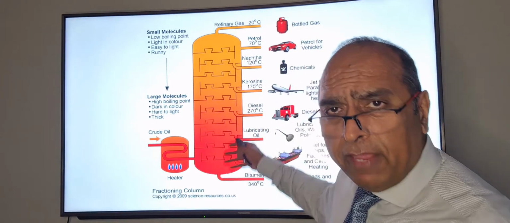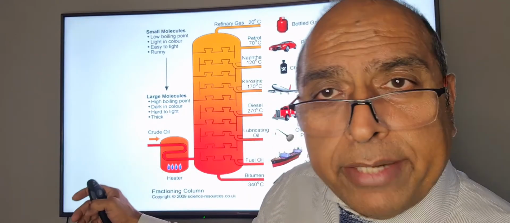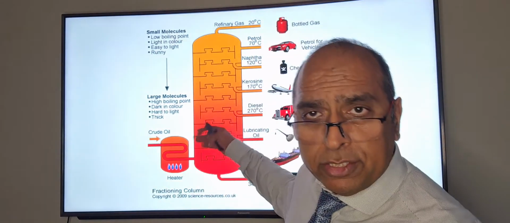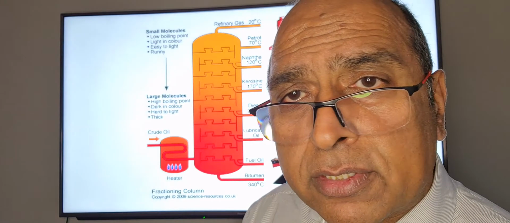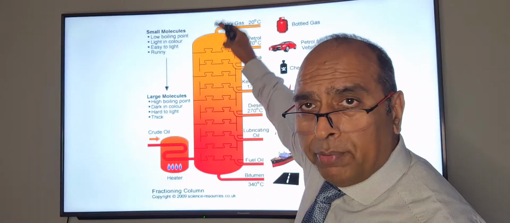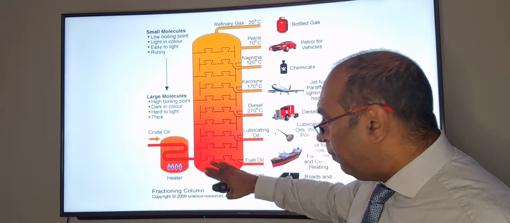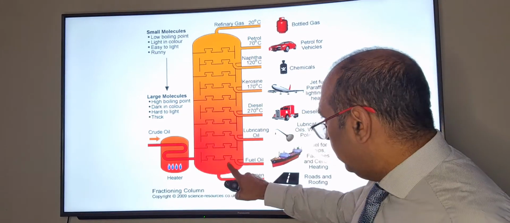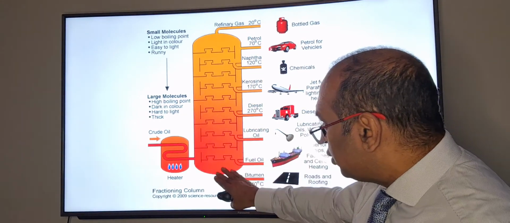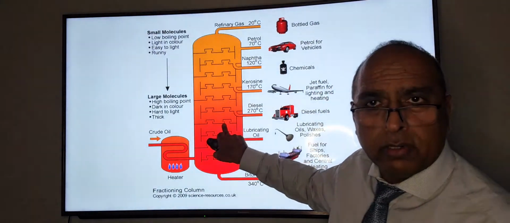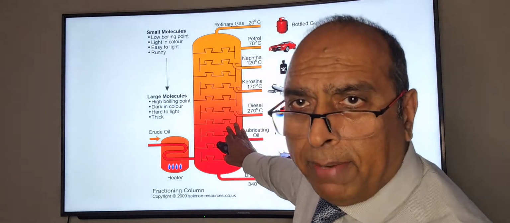So as the vapours go up, they condense. Depending upon their boiling points, they will condense at different heights. The higher the boiling point, the lower down they will condense. So if the boiling point is like 300, then it will turn into a liquid round here. See, 270, 300. At 300 degrees, it'll turn liquid about where my hand is.